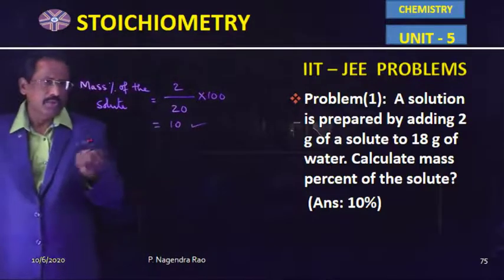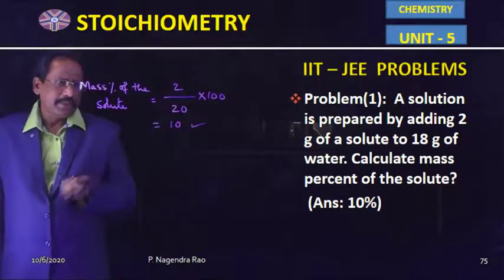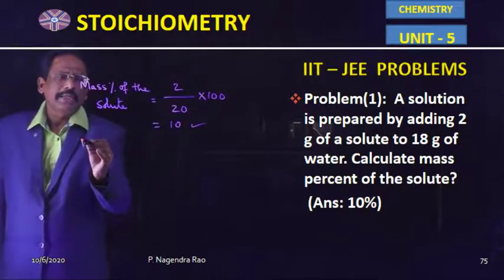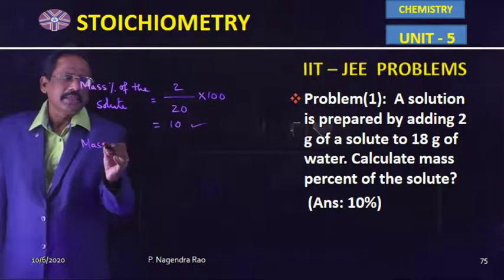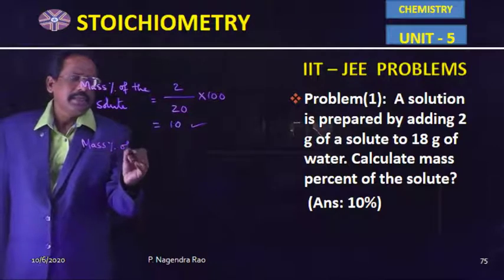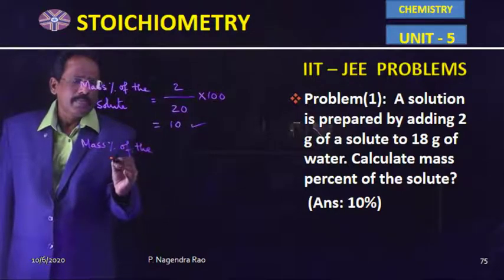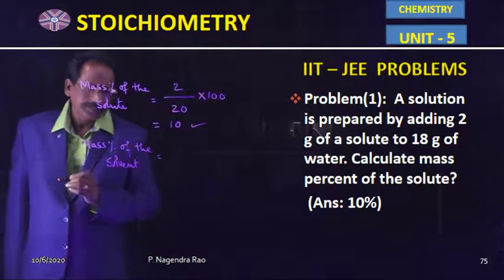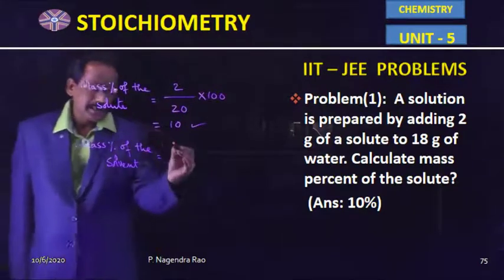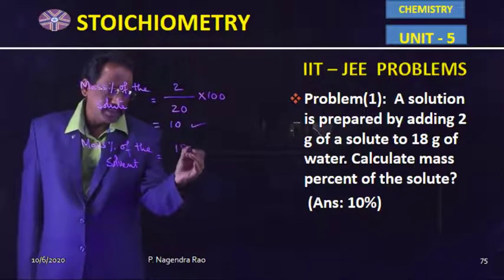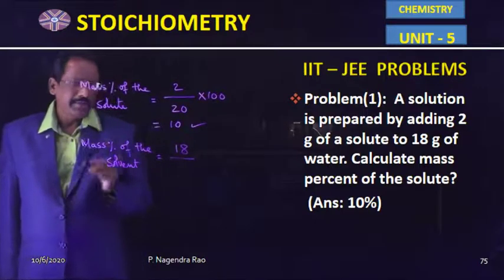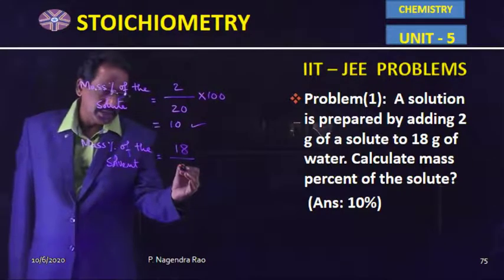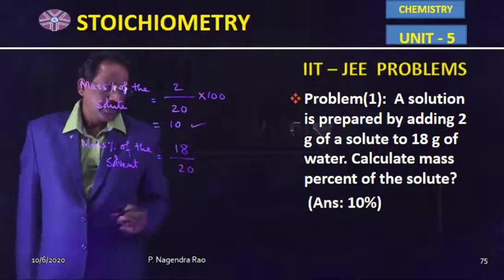Or if you want to calculate the mass percentage of the solvent, the formula is: the solvent is water, its weight is 18 grams, divided by the total weight of the solution, which is 20.